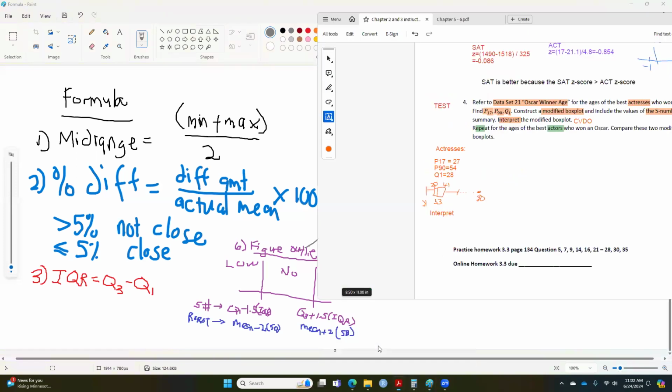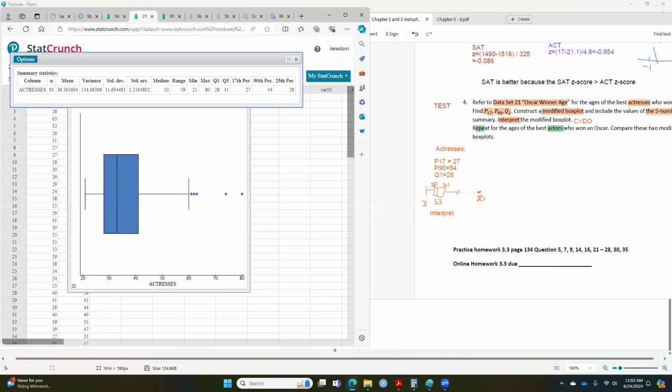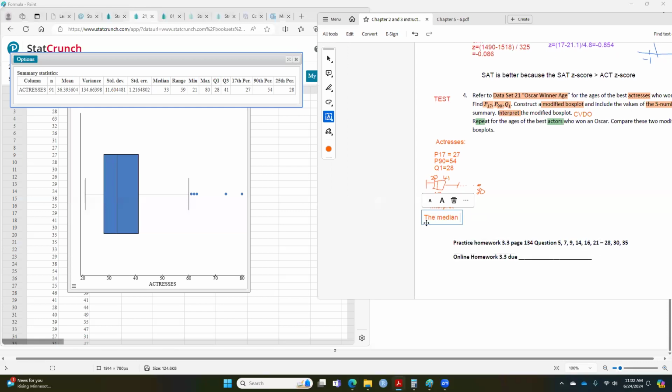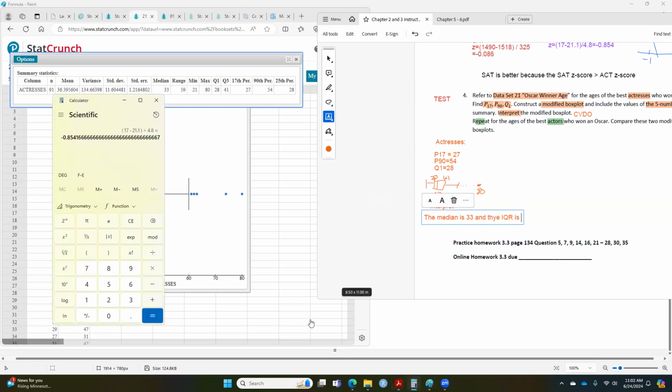So we will say the interpretation in this case. The median is 33. It's from the StatCrunch. And the IQR, which is called the interquartile range, is, where was that? Oh, we don't have an IQR, but IQR is Q3 minus Q1, so you can subtract your Q3 and Q1. So 41 take away 28, that will be 13.